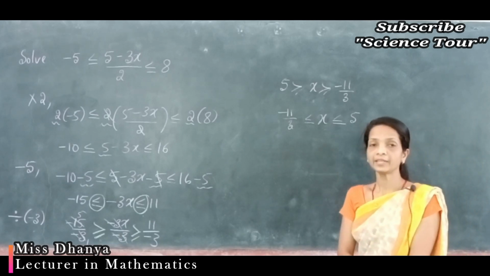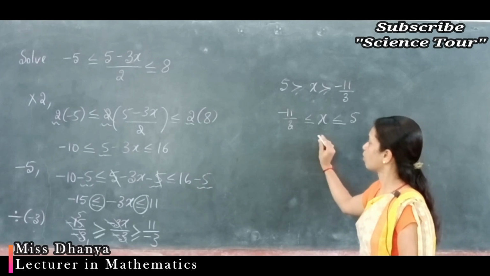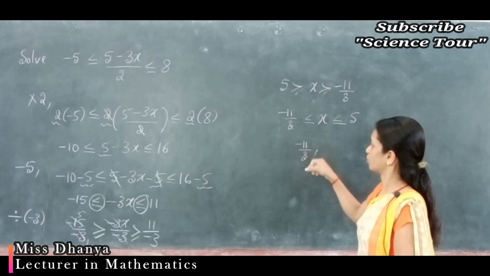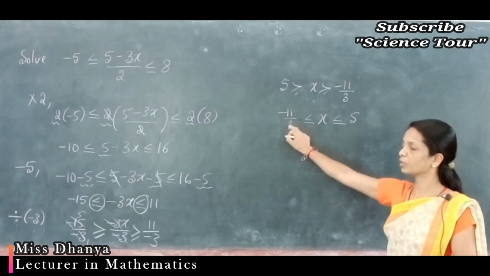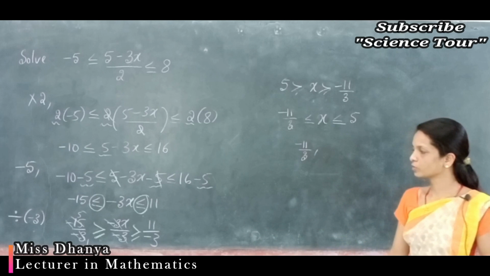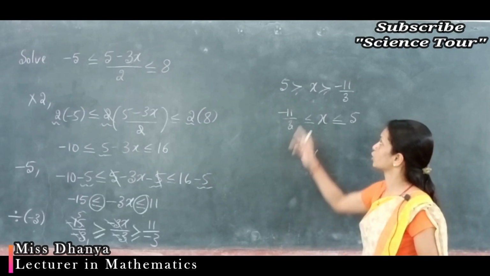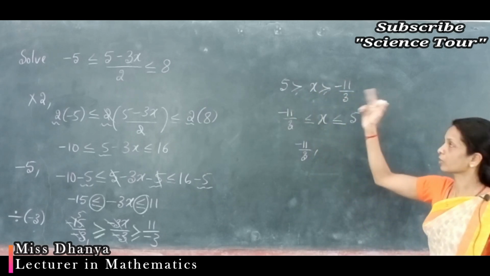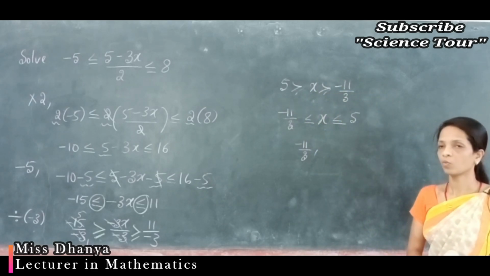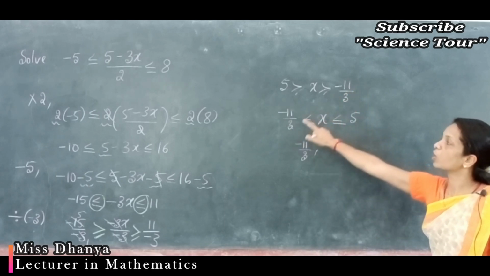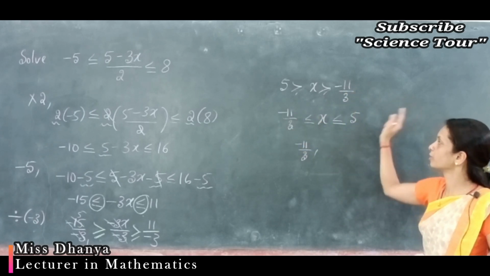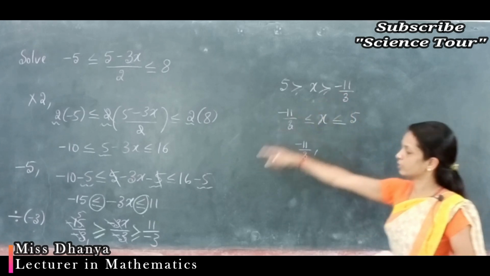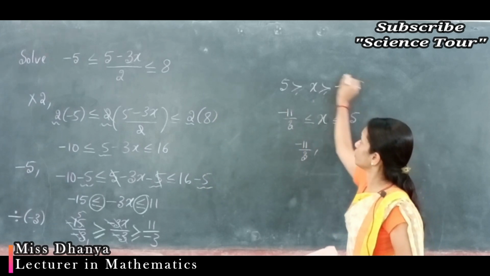How do we write the interval form of this? In interval form you have to write first the number -11 by 3, which number you got. Always, suppose at the end of a simplification you get an inequality like this, then you have to reverse it, so that the smaller number is on the left side and the larger number is on the right side. While simplifying that double inequality we reached here.